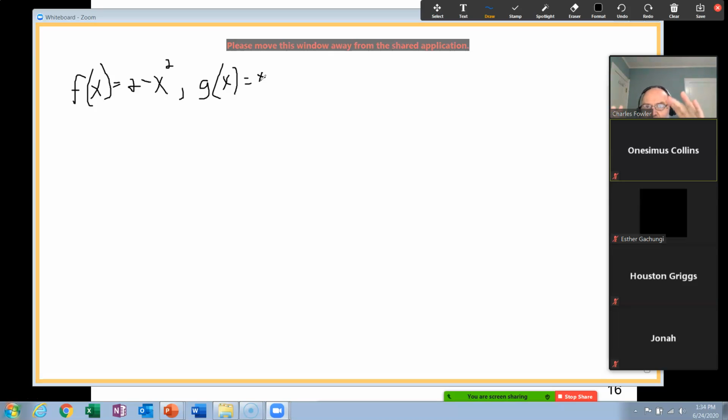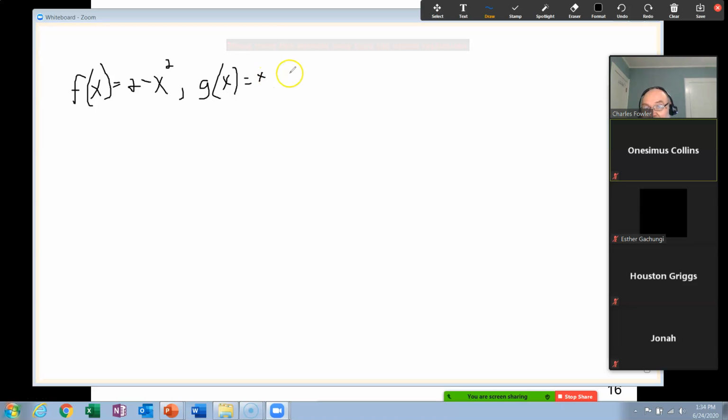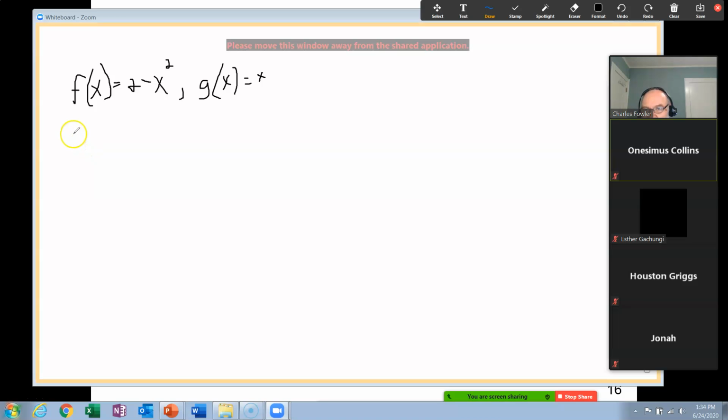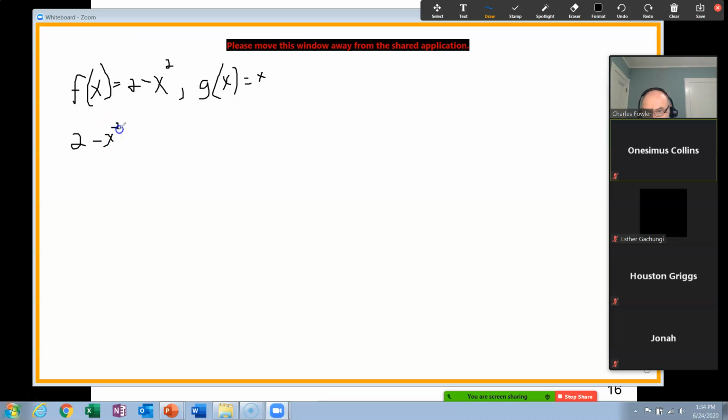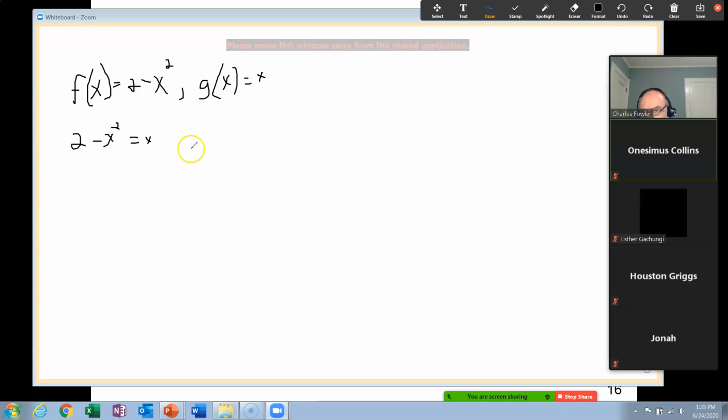In other words, these two graphs are somehow going to enclose an area. So the first thing we do is find out where they're equal. So we set that down. We say, where is 2 minus x squared equal to x? Now that's going to be a quadratic equation. Because I usually like quadratic equations to start with a positive quadratic term, I'm going to move this term over here, and that'll move this term over there.